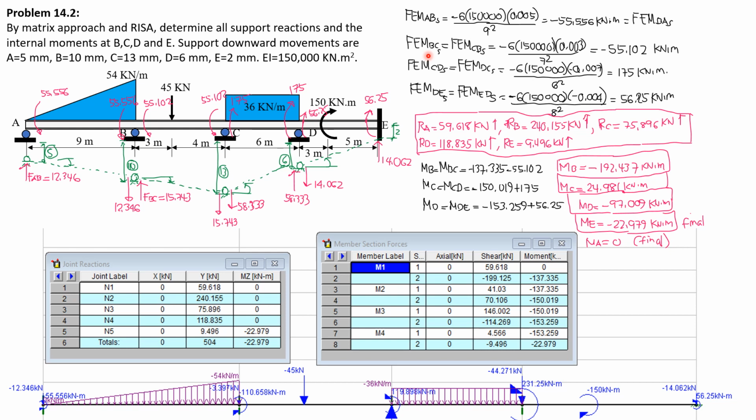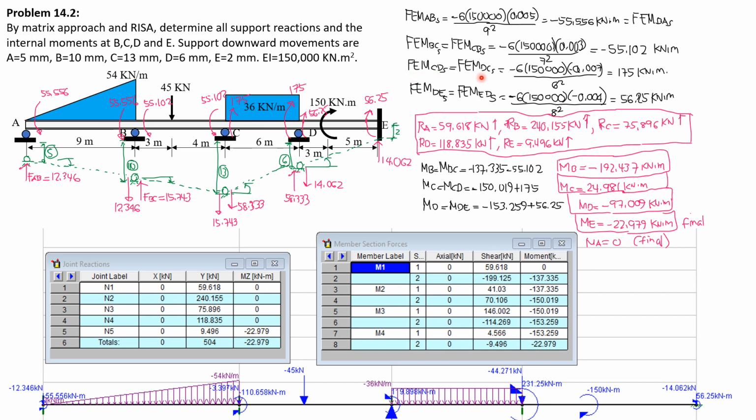So fixed moment BC due to settlements or side sway, which is also equal to fixed moment CB, is negative 6 EI. Delta is again treated positive here. 13 minus 10 is 3 mm or 0.003 meter divided by 7 square. The rotation is clockwise. So it is negative 55.102 kilonewton meter, counterclockwise here.